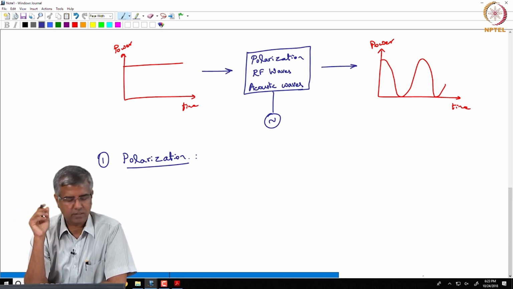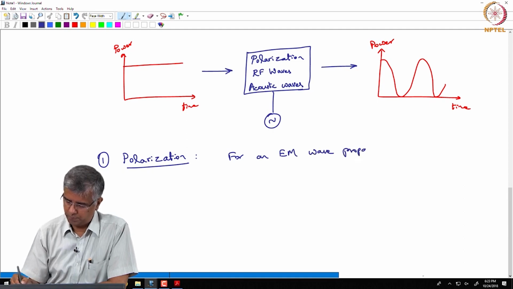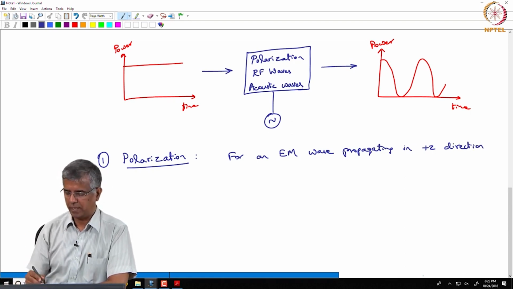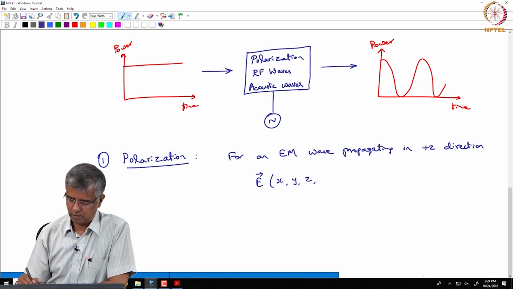Very quickly, this is something I expect all of you to have come across in an electromagnetics course at some point in your student life. So, for an EM wave propagating in the positive z direction, how can you represent that? The electric field corresponding to this electromagnetic wave can be represented in Cartesian coordinates x, y, z and t as follows.